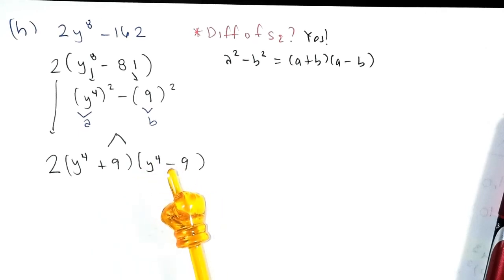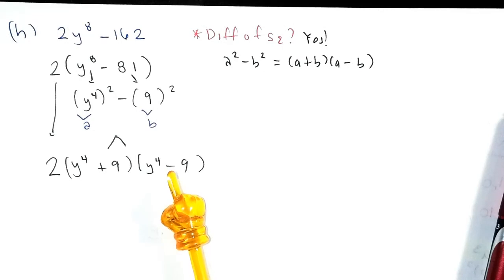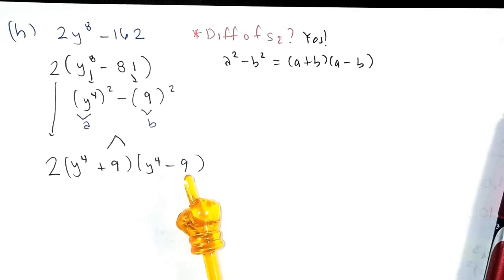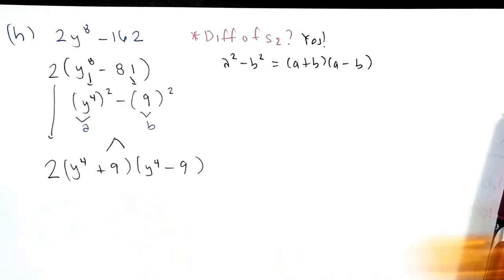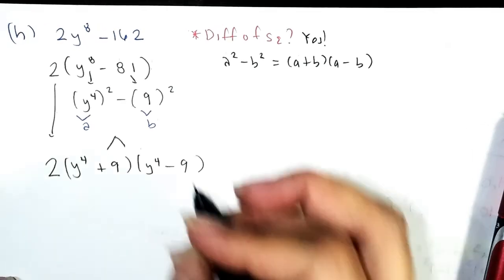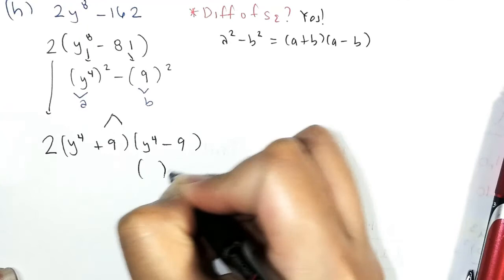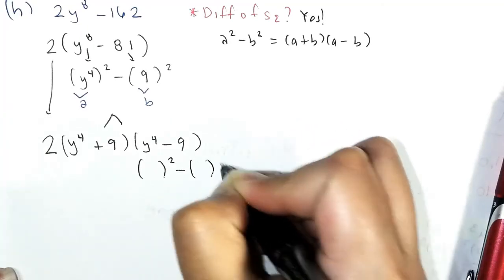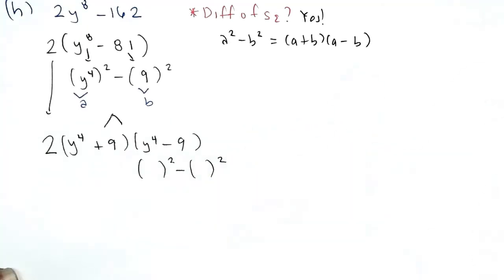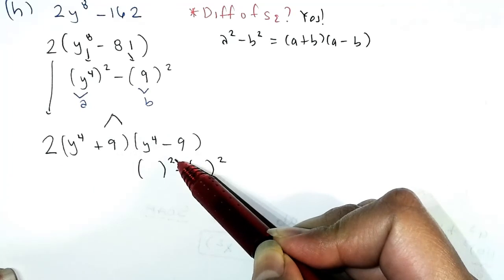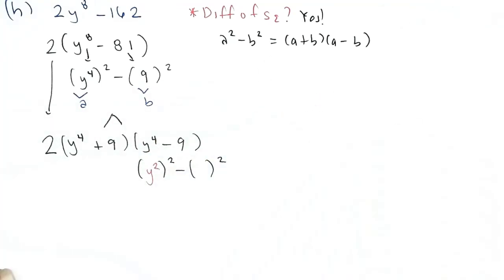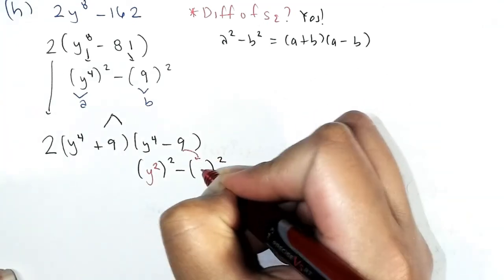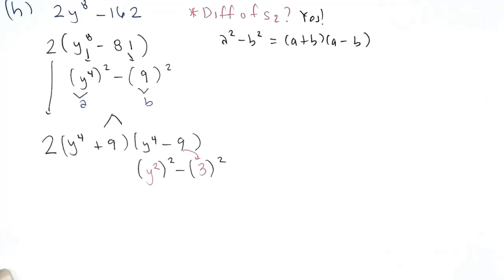Binomial minus. Do we have difference of squares? 9 is a perfect square. 4 divided by 2 is a clean number. So yeah, we do have difference of squares. So let me do the mold. Do we have something squared minus something squared? 4 divided by 2 is 2. So y to the 4th is a perfect square because it's the square of y squared. 9 is a perfect square because it's the square of 3.